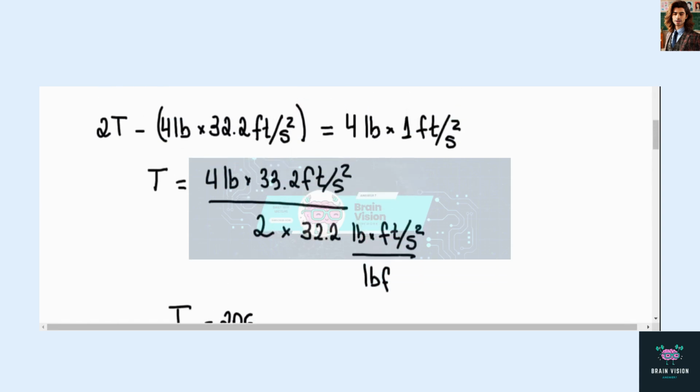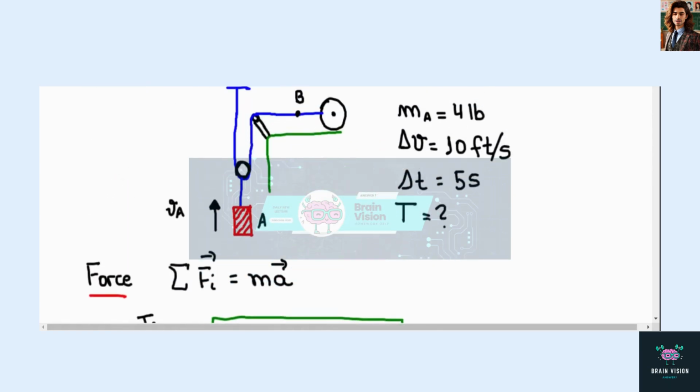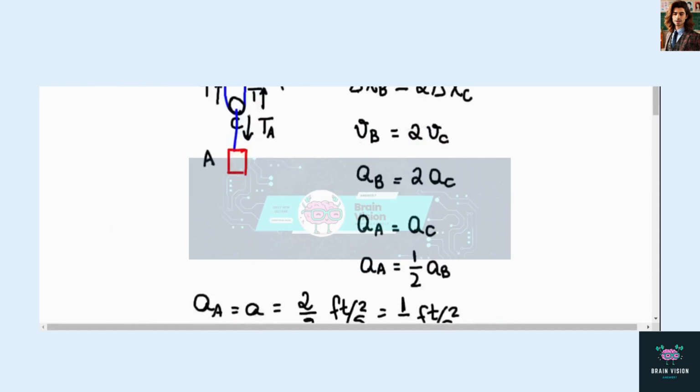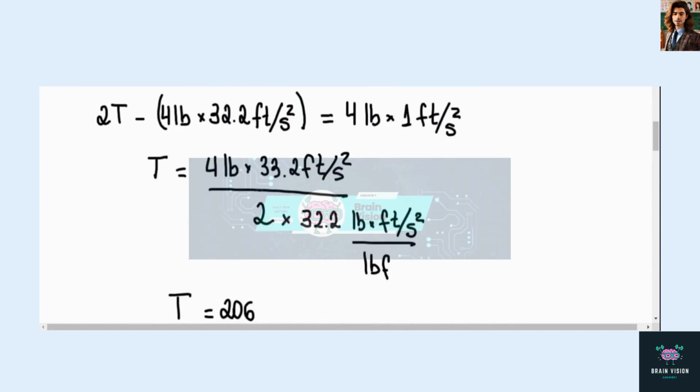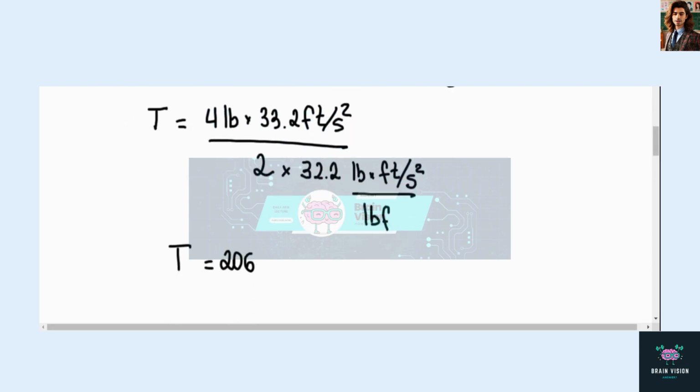And I'm sorry, actually, it shouldn't be 4 pounds. Sorry for that as well. The mass is 400 pounds. So basically, in this last step, we have to multiply the mass by 100. Okay, now everything is correct. So the tension is 206 pound force, which is the answer to our exercise.